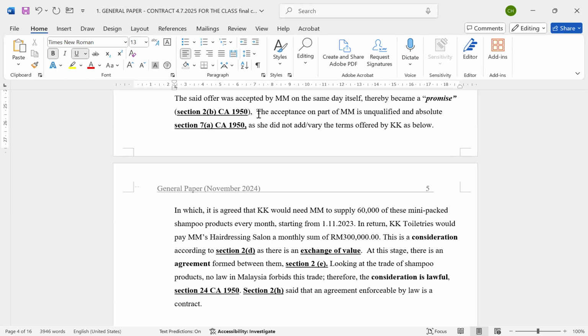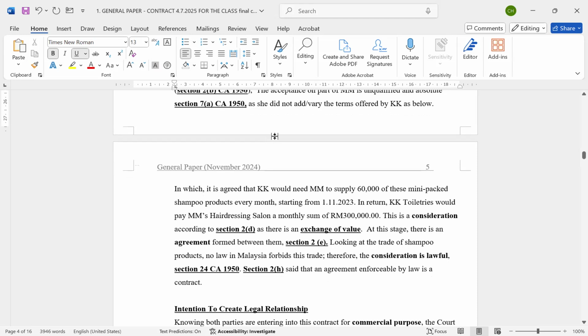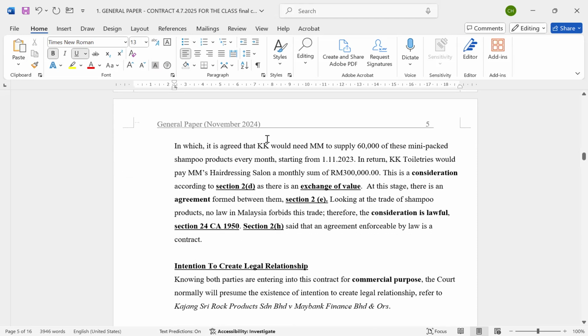There is no counter offer on the part of MM. So all the deals and all the terms have been duly accepted by MM in just a single sitting, without further question, without the need to be subject to contract. It's already being accepted. So at this moment of time, there is a promise already. Be clear about your legal position.